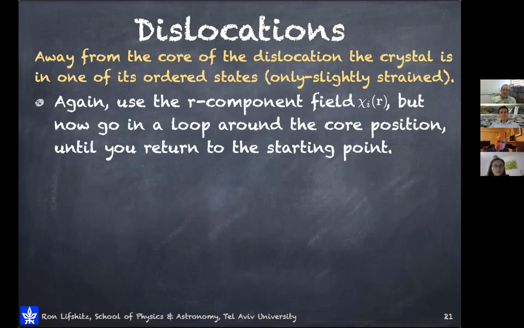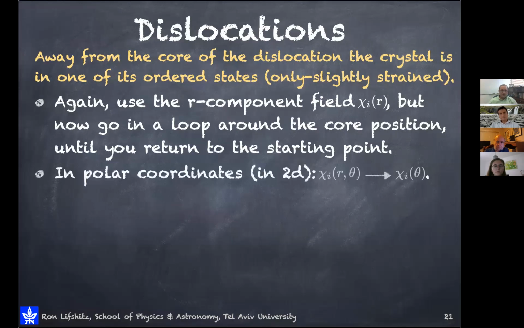I want to take an R component distortion field, but instead of just going along a straight line, I want to pick a point and I want to continuously vary this gauge transformation as I surround this point with a circle. Okay, and in polar coordinates, it basically says that I will have a gauge function that depends on the relative angle to the position where I'm looking at.